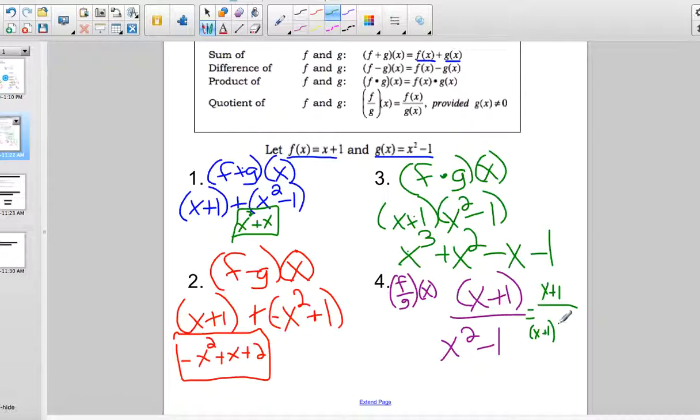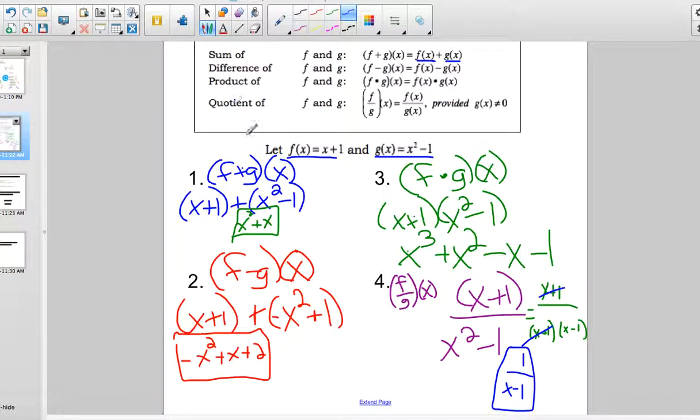They're conjugates. And then when you do it that way, x plus 1 in the numerator is going to cancel with this x plus 1 in the denominator, and you're left with 1 over x minus 1. So you always want to look for that with the division. Make sure you can't reduce it. And if you can, keep going. If you can't, then you would just leave it the way it was. But this one we could.